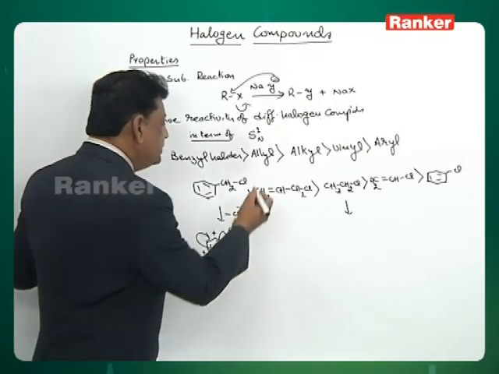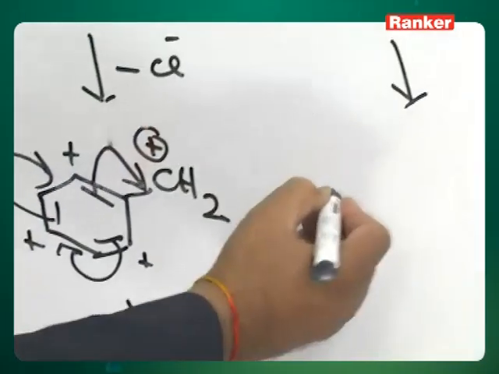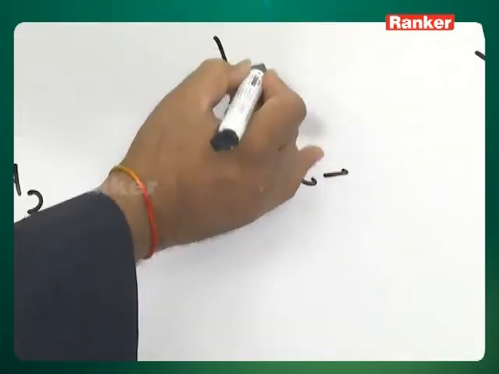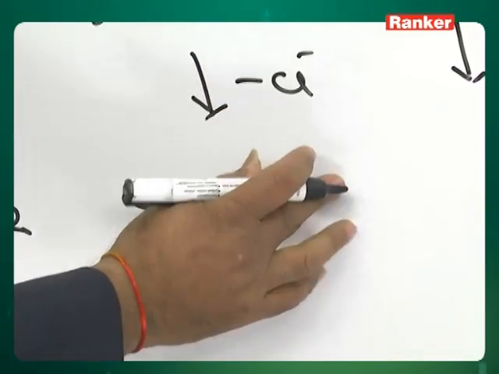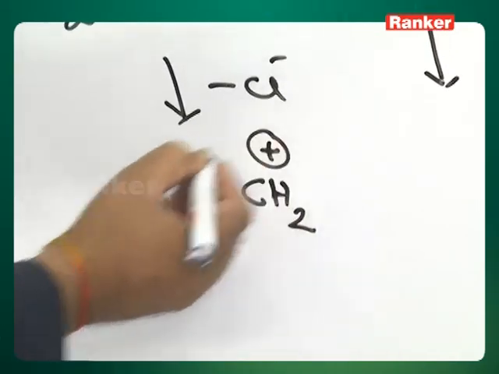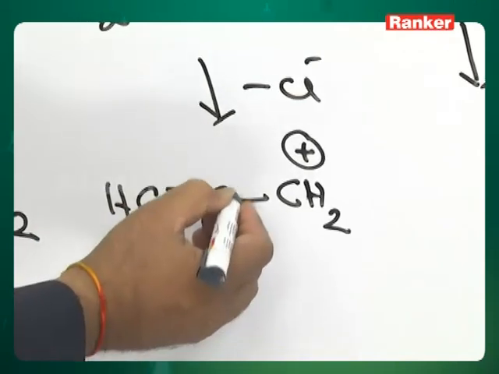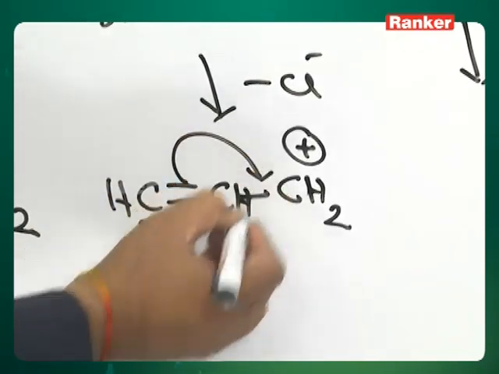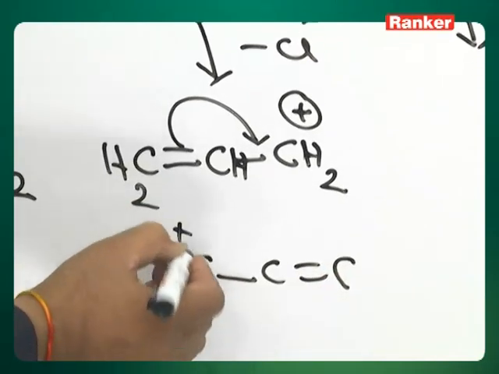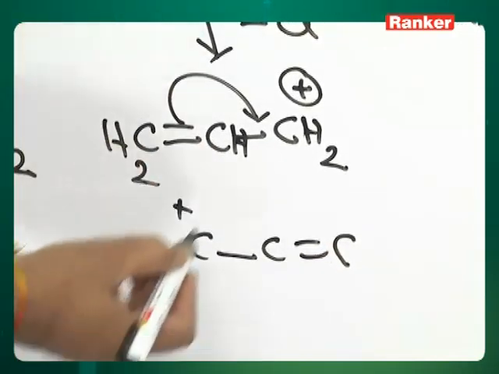Similarly, allyl chloride also: if you remove the Cl minus, you will get a CH2 plus, which has resonance stability. This double bond will come here, and you get the carbocation on this side, and so it goes on showing resonance.